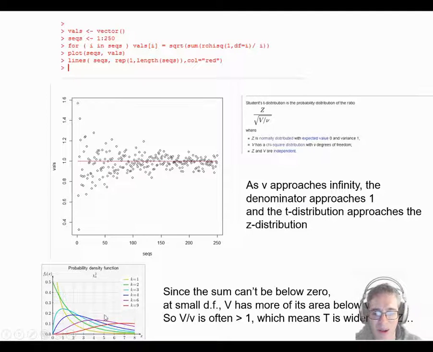So at small degrees of freedom, we have more of the probability density function shifted to the left on the x-axis, so this number is larger, and that causes the correction for the t-distribution. But when k is larger, when the degrees of freedom go large, the closer this approaches 1, and the more the t-distribution just acts like the standard normal distribution.